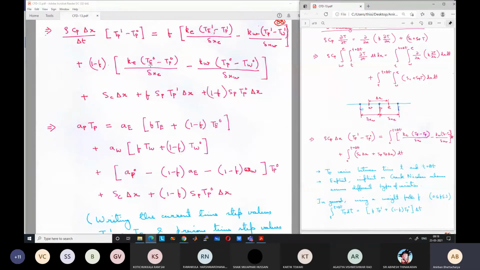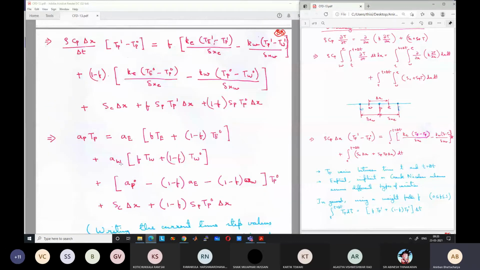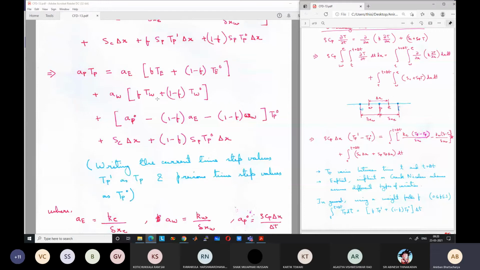Writing all the 1 terms, because these are the new terms, I am going to replace the 1 and not use the dash or 1. So f T plus 1 minus f T0. Similarly, Aw (f Tw plus 1 minus f Tw0), by accumulating all the terms with Tw. So Aw is Kw by delta xw, times f Tw plus 1 minus f Tw0, plus all the Tp0 terms.